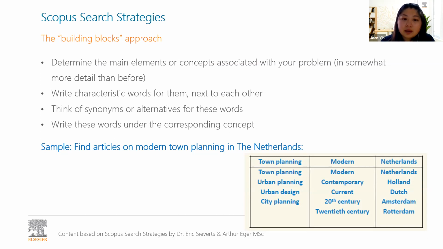Then you write characteristic words for them next to each other and think about alternatives for each word. In this case, the alternatives for town planning are urban planning and urban design, for modern are current and 20th century, and for the Netherlands are Holland, Dutch, and so on. Finally, you write these words under the corresponding concept.